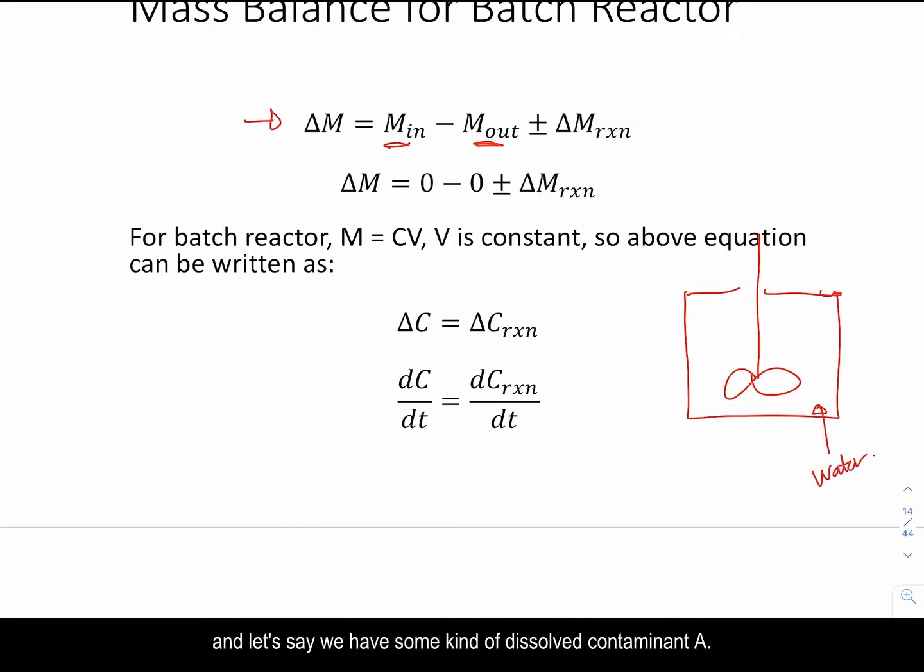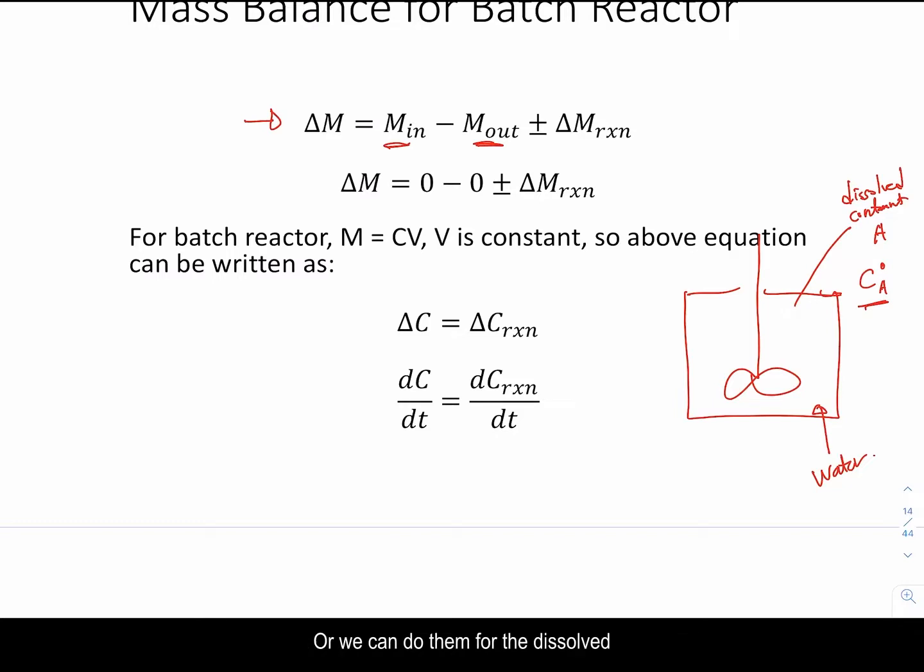And in here, let's say we have some kind of dissolved contaminant A. Okay, so it has concentration Ca initially. And we may do this mass balance for any of them, right? We can do it for the water if we want, or we can do it for the dissolved contaminant A as well. Okay, so for now, let's try to do this for this dissolved contaminant A.